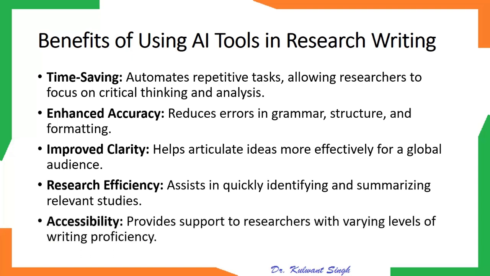Then accessibility. The AI tools support researchers with varying levels of writing proficiency. They can suggest prompts, they can suggest the choice of words to make their content easy to understand and attractive to the readers, because publication is not the target of the researcher.